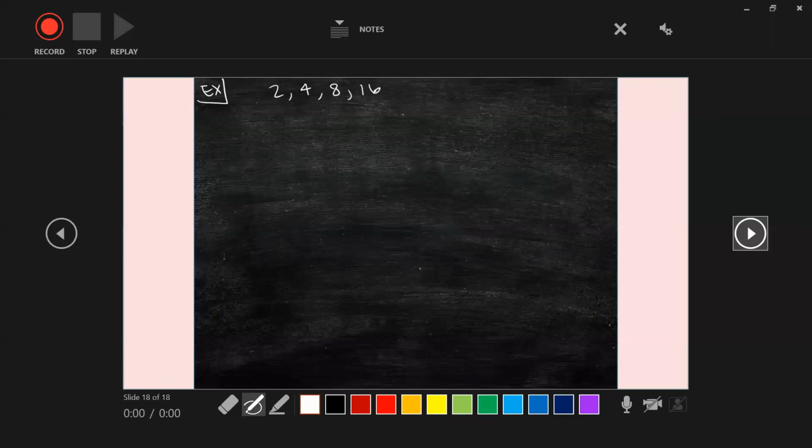So we're going to identify if it is recursive or explicit. We're going to create a table, and see where we can move from there.